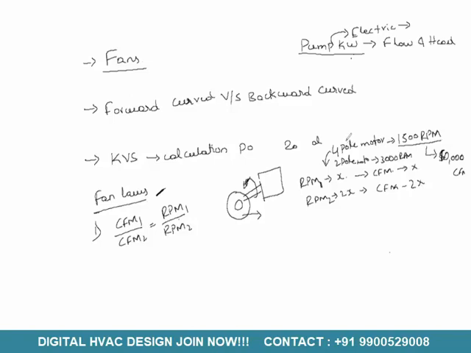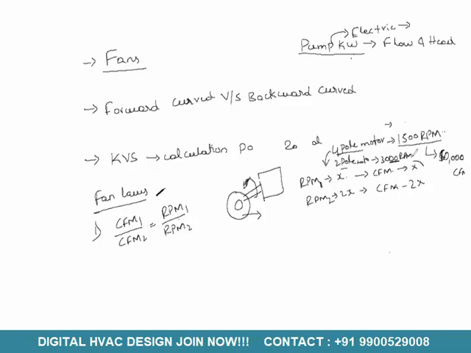Fine. Usually, three-phase motors will be 4-pole, and it will have the speed of 1500 RPM, revolutions per minute. So 2-pole is 3000 RPM, and 6-pole is about 800 or 900 RPM, that is less.